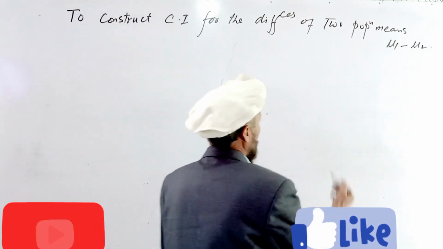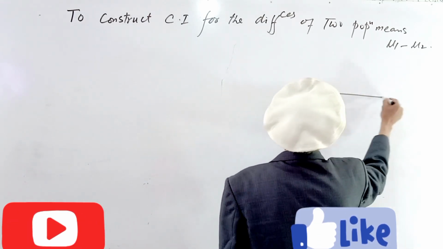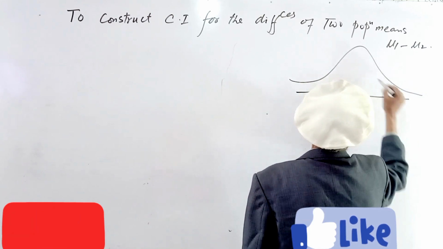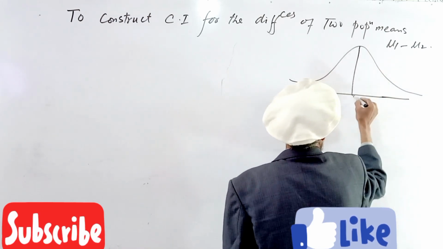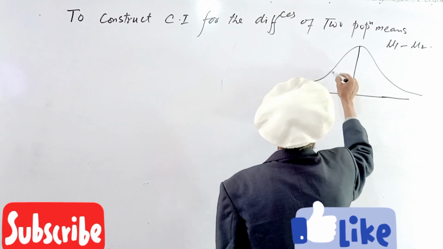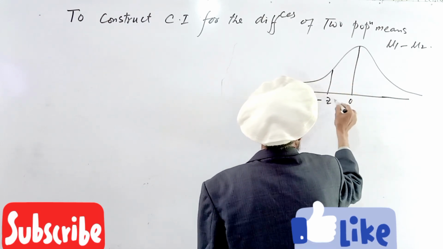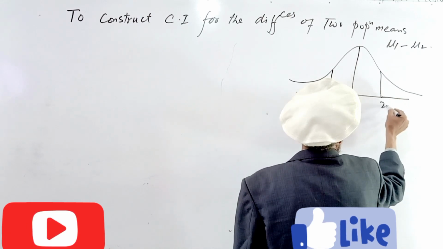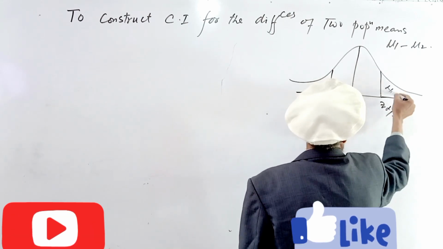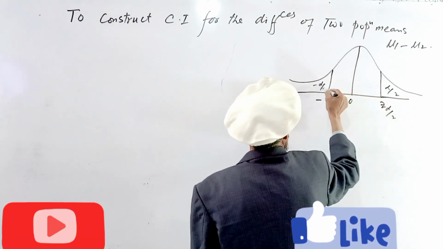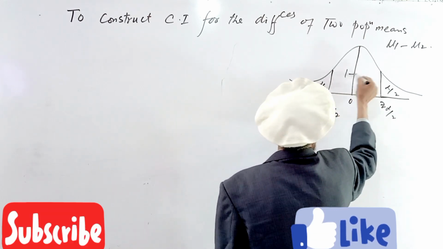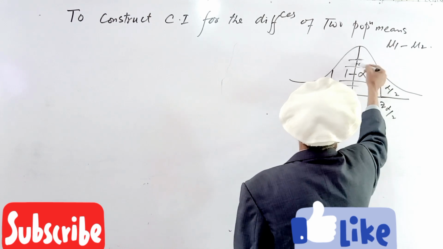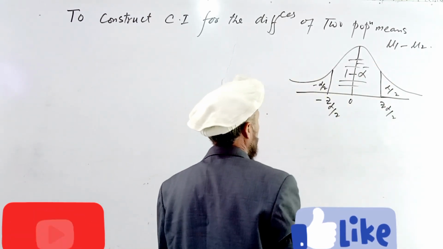So first of all, we are required here a curve for the standardized normal variable, with minus z alpha by 2 and z alpha by 2. This is alpha by 2, this is alpha by 2, and this is 1 minus alpha. This area is the 1 minus alpha confidence coefficient.